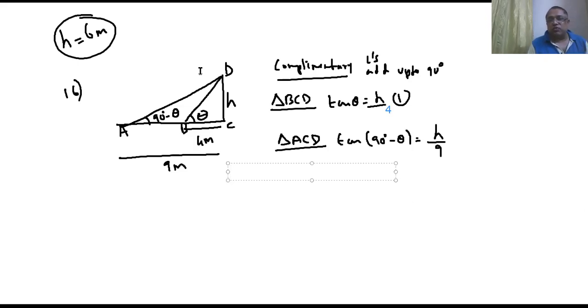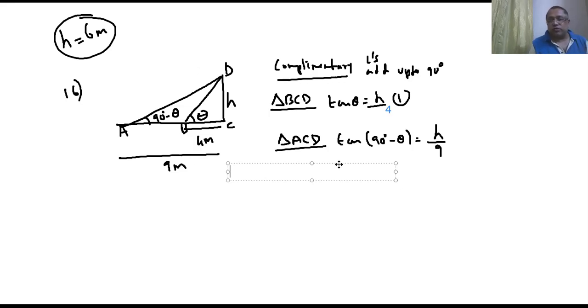So we have two equations. Now you have to remember the previous chapter where we did tan 90 minus theta. These were complementary angles. In the complementary angles, there was a formula that tan 90 minus theta is cot theta. So we are going to use cot theta here.